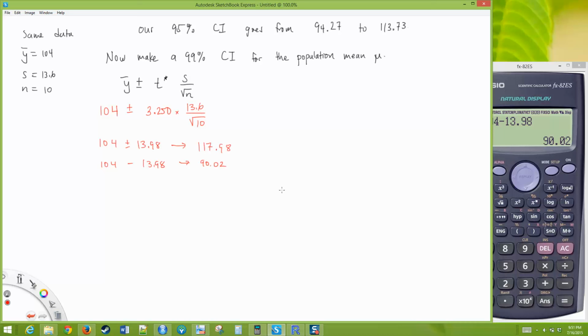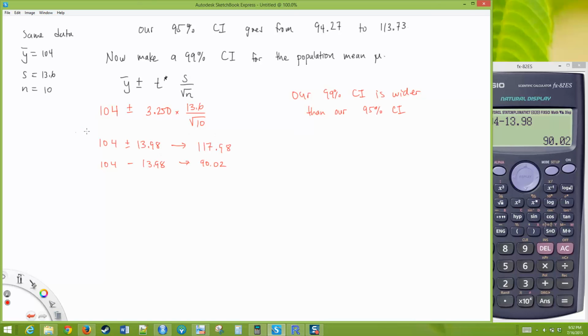Okay, so what do we notice about our confidence interval? The 99% confidence interval, how does that compare to our 95% confidence interval? It's bigger, right? It covers a wider spot. So our 99% confidence interval is wider than our 95% confidence interval.